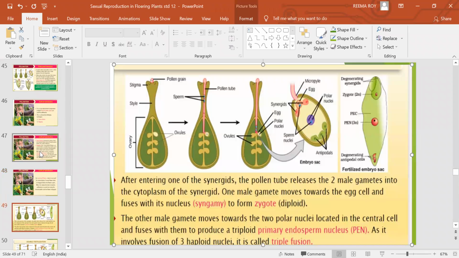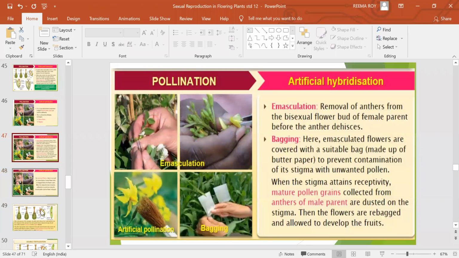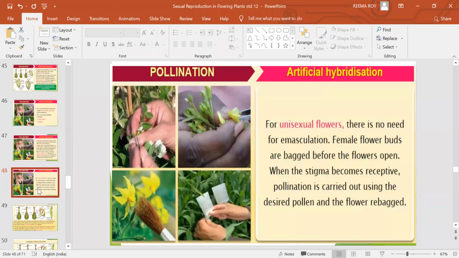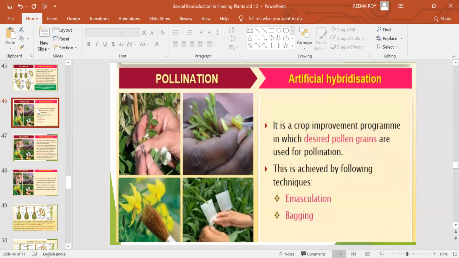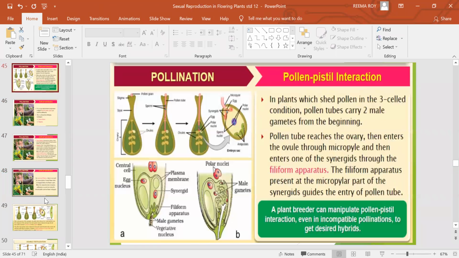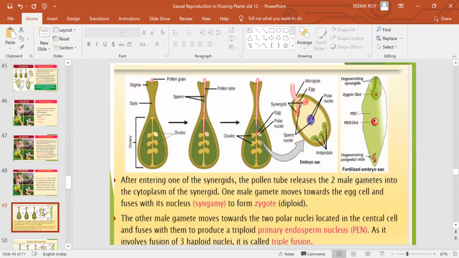Now we will talk about double fertilization. Before this we did artificial hybridization, and even before that we talked about pistil and pollen pistil interaction. Now we will talk about double fertilization. So after entering one of the synergids, the pollen tube releases the two male gametes into the cytoplasm of the synergid.